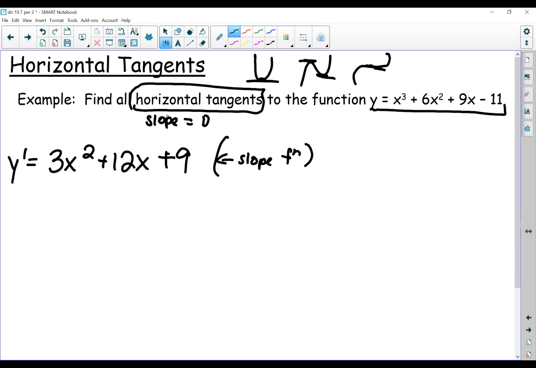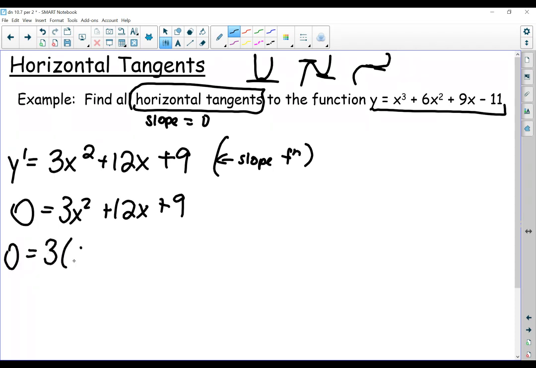So if I want the slope to be 0, I'm just going to make the slope's value equal to 0 and figure out what x in this expression would give me 0. So I'm going to pull out a 3. I end up with a quadratic. That's kind of nice. I can factor that.